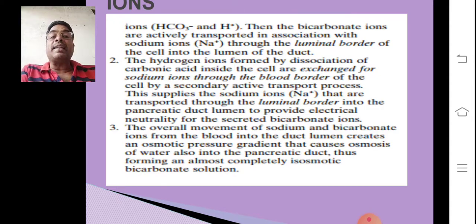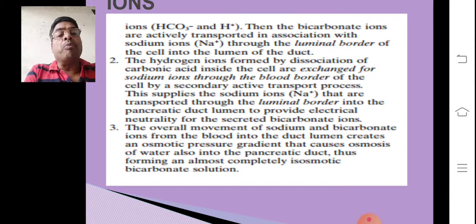The hydrogen ions formed by the dissociation of carbonic acid inside the cell are exchanged for sodium ions through the blood border of the cell by a secondary active transport process, and this supplies the sodium ions that are transported through the luminal border into the pancreatic duct lumen to provide electrical neutrality for the secreted bicarbonate ions.